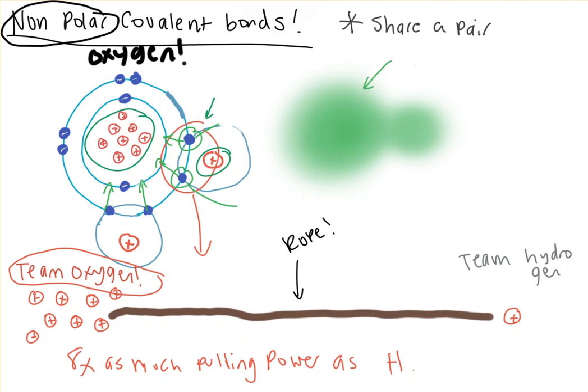So the green color represents the electron cloud, the cloud of probability where you can find an electron, so it's negative charge. So here's the nucleus, so that needs to be darker.